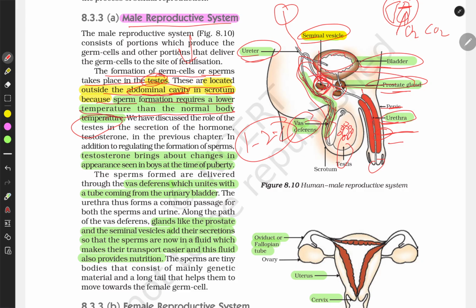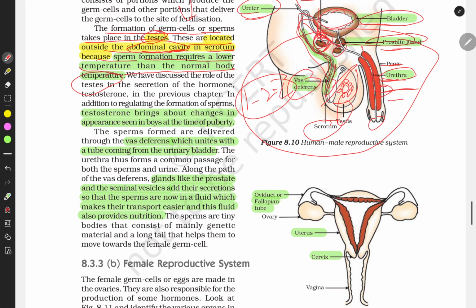When the surrounding temperature falls, the scrotum attaches closer to the body so that it can gain heat from our body. Testosterone brings about the change in appearance seen in the boy at the time of puberty. These secondary sexual characteristics are due to testosterone.